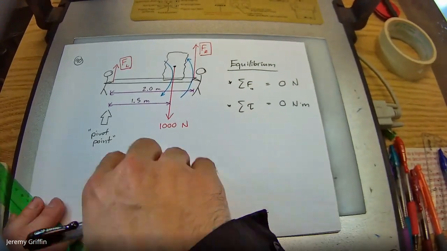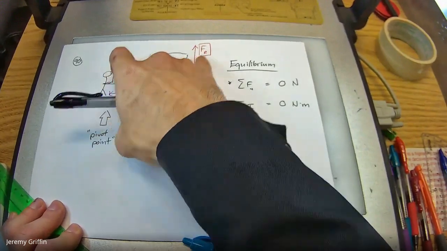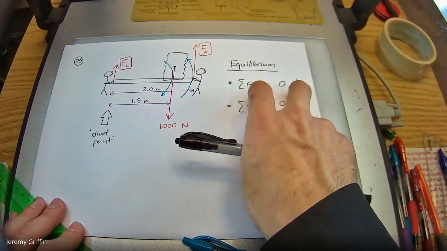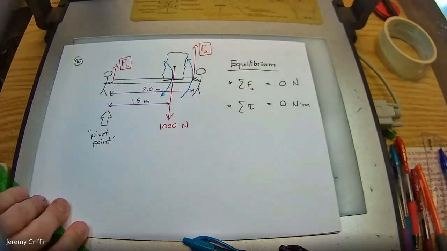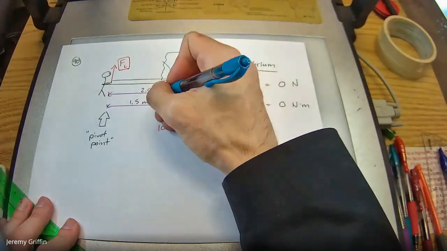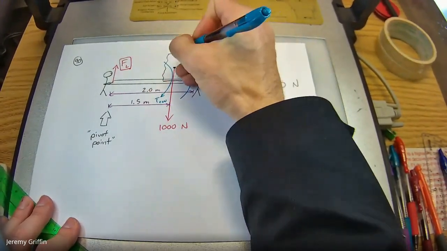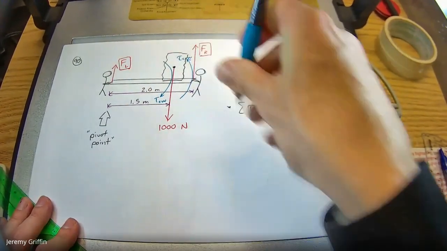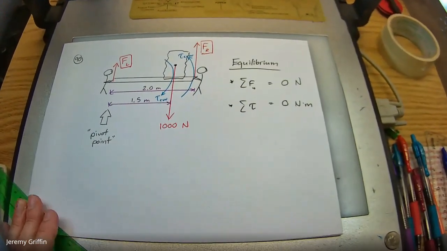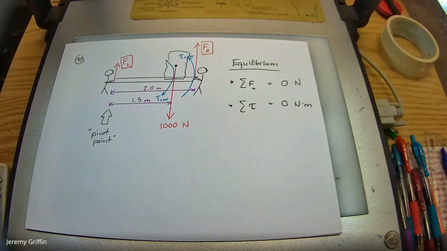One thing you can see right away is that these two forces have to add up to the full 1,000 newtons. That's the first condition. But the new stuff is something to do with that torque. So we've got torque clockwise and torque counterclockwise. Are you guys with me so far?